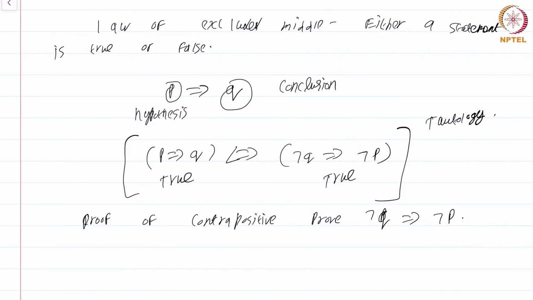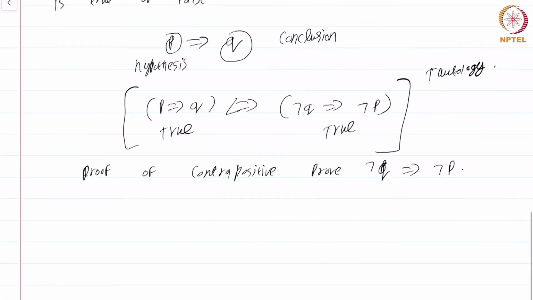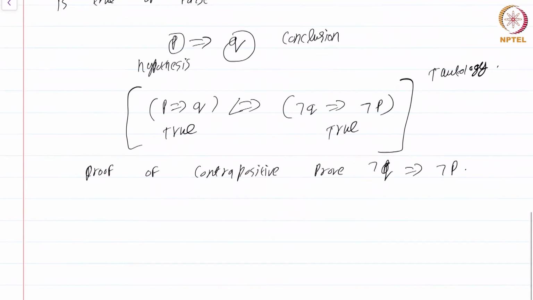Alternatively, just write the truth table and check that P implies Q and negation Q implies negation P have exactly the same truth tables. So proof by contrapositive, many students do confuse it with proof by contradiction because there is negation involved. Proof by contrapositive is a direct proof. You do not need to assume this law of excluded middle to get proof by contrapositive. But that gets into subtleties. I do not want to deal with them right now.